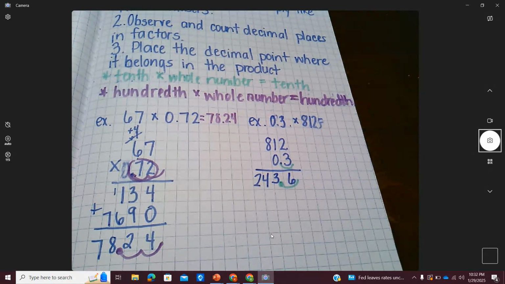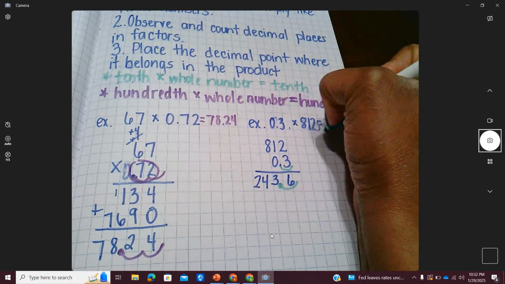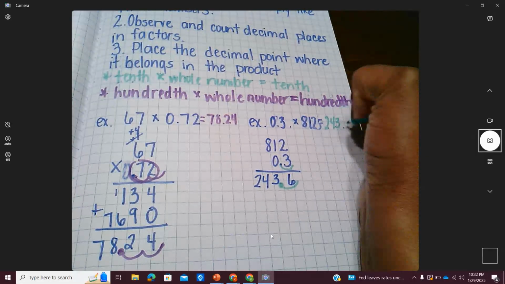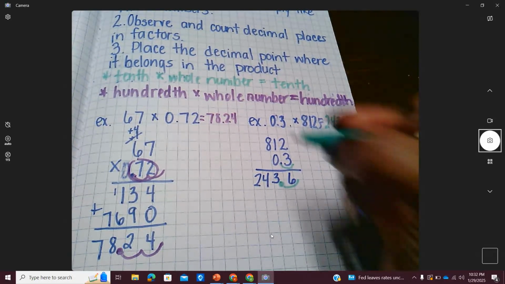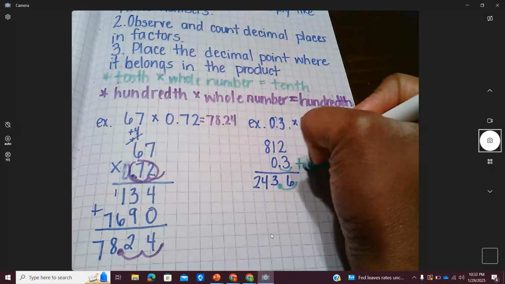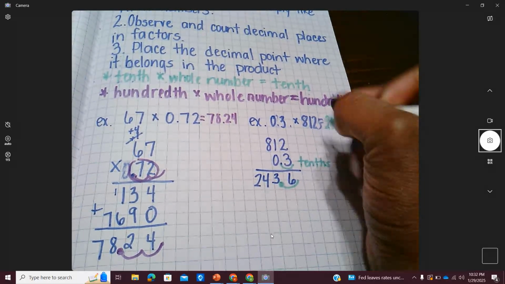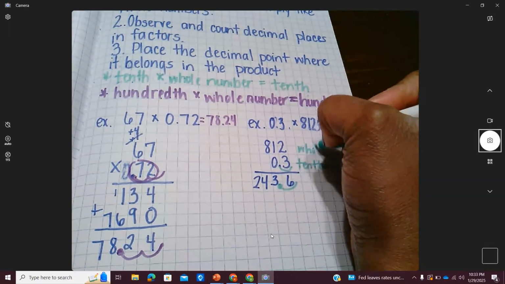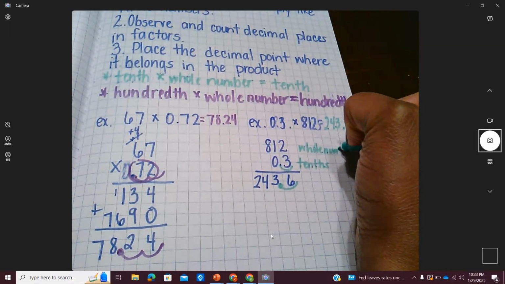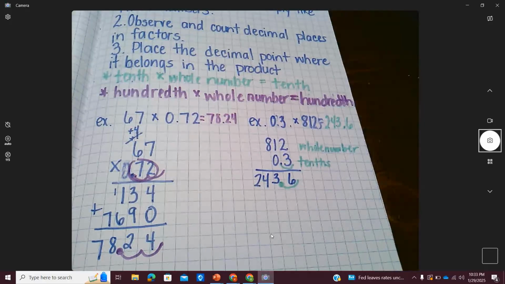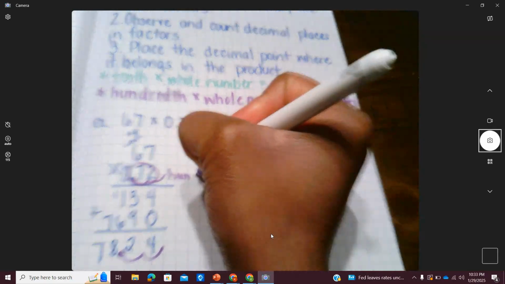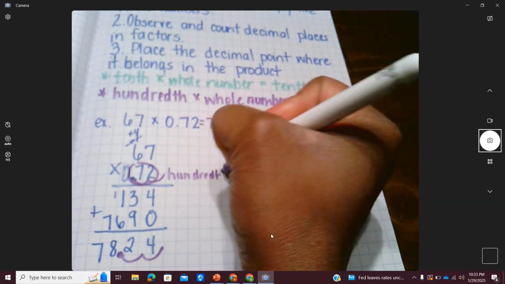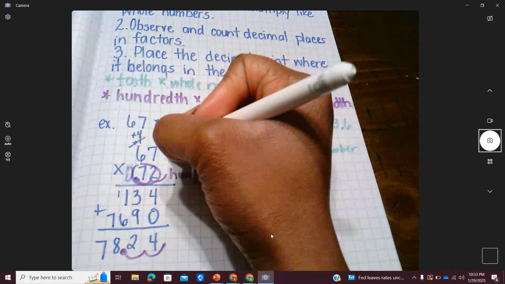So 243 and 6 tenths is my product. Okay, so now you have some examples. You might want to write yourself a note that says that this is going to be tenths and this is a whole number. You might also want to write yourself a note that this was hundredths and that this is a whole number.